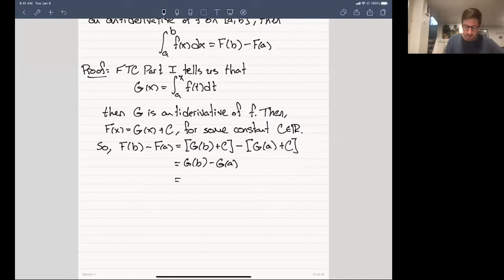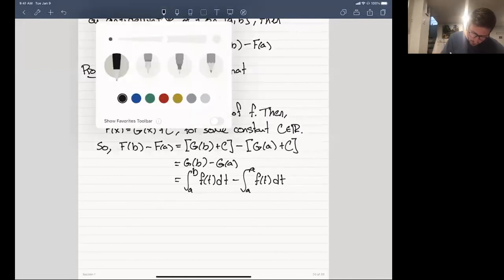which, let's write it out. We have the definition of g of x. So substituting in x equal to b gives us the integral from a to b. And substituting in x equal to a gives us the integral from a to a.